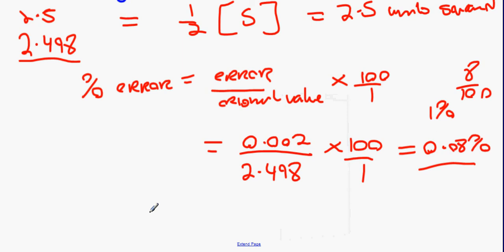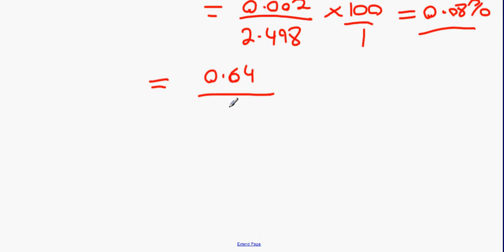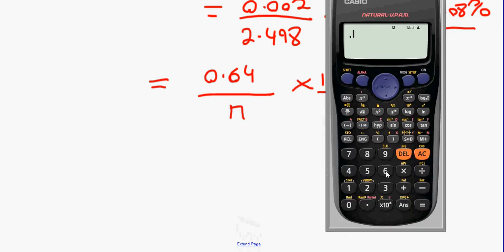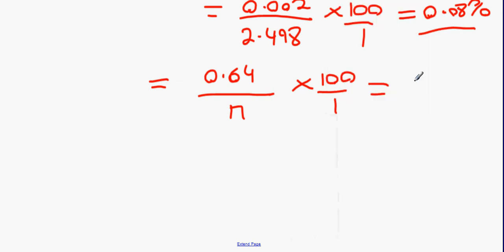So error this time is 0.64. The true value is pi, and then we're going to multiply that by 100 over 1. Okay, so 0.64 divided by pi, multiply by 100, and this time it's a 20.37% error. Okay.